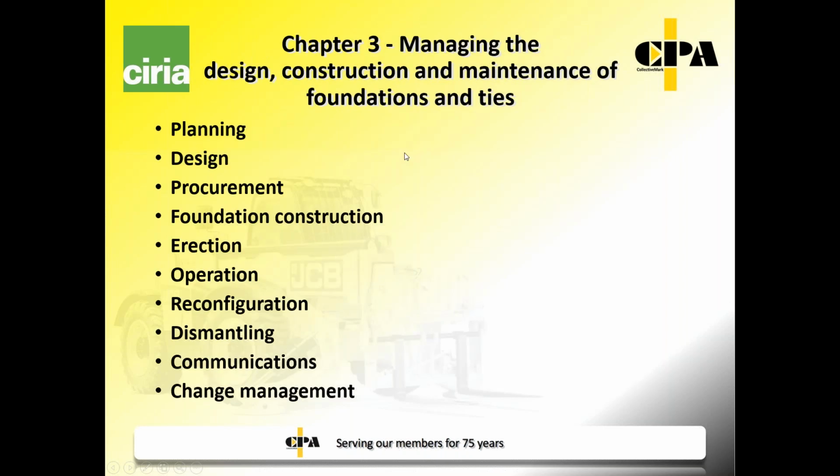And moving on to chapter 3, we're talking here about managing the design, construction and maintenance of the whole process. So we talk about managing the planning, the design, the procurement, foundation construction, erection, operation, reconfiguration. That's when the crane needs to be changed.